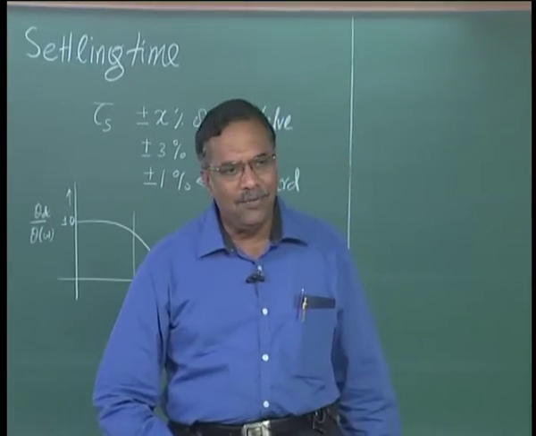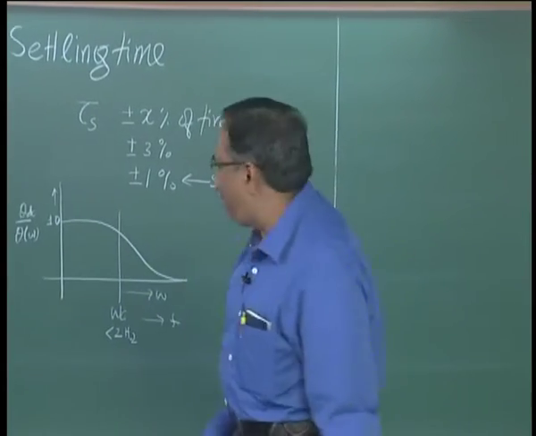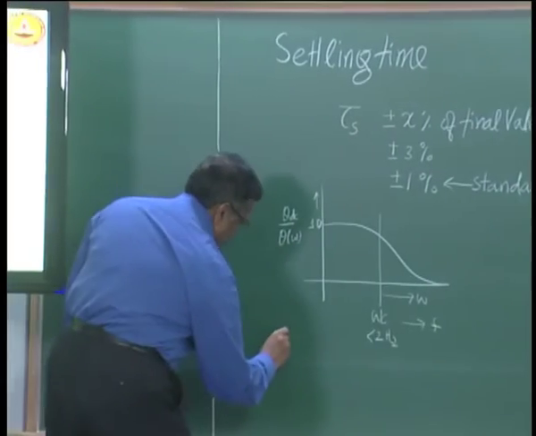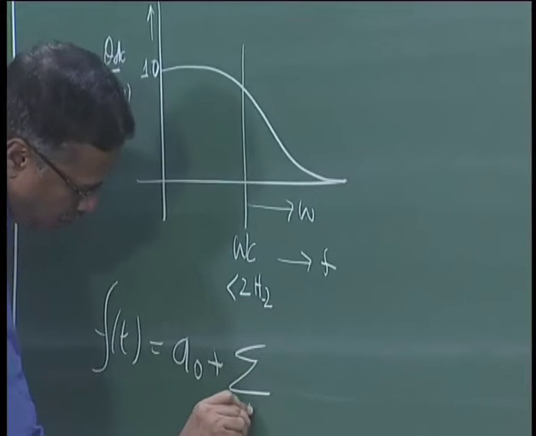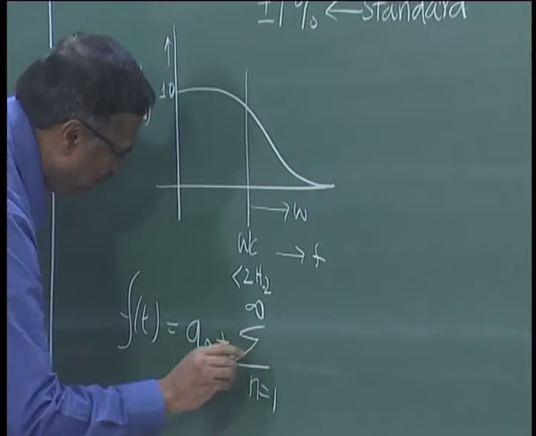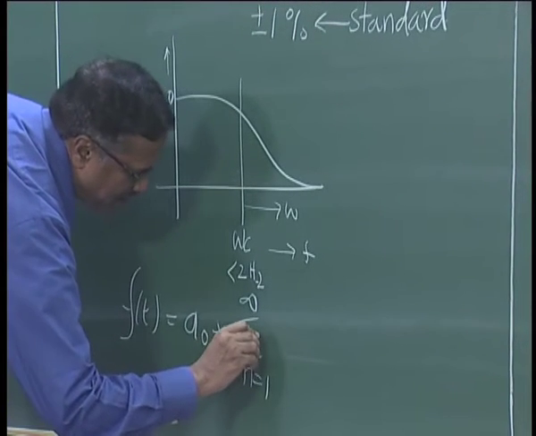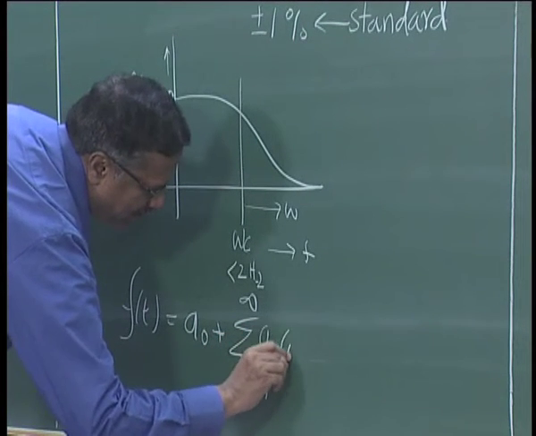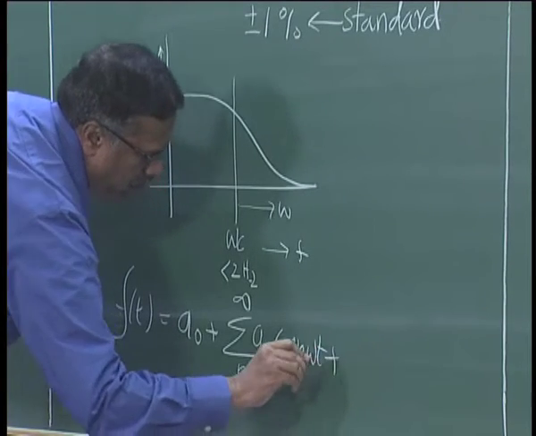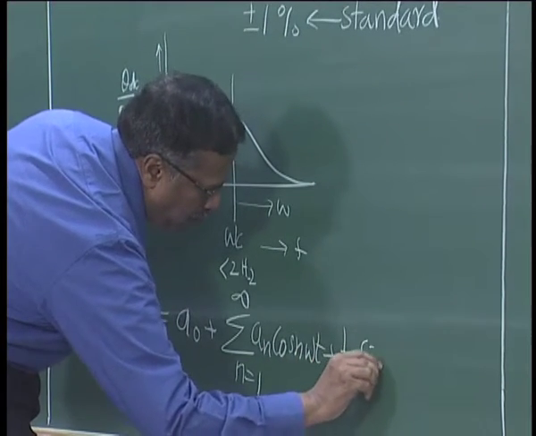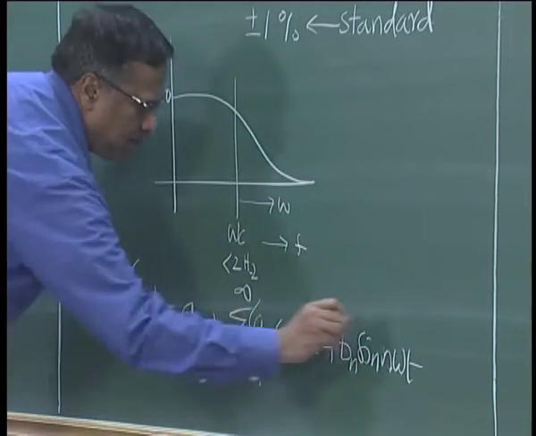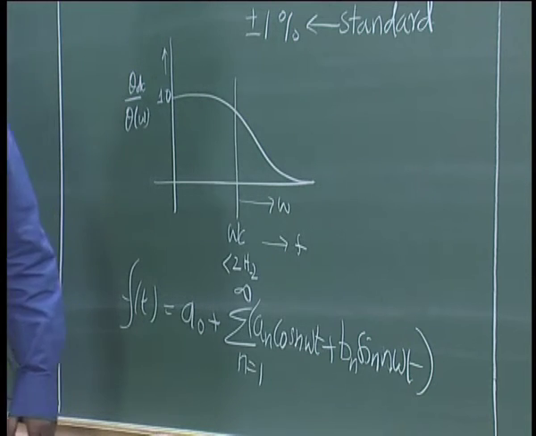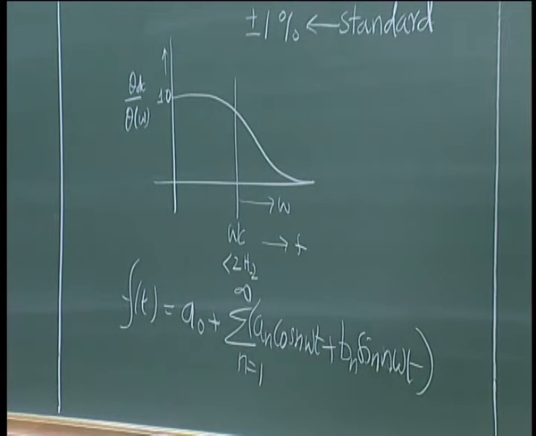right, and we know from Fourier series expansion, if we have a repetitive function f of t, in terms of Fourier series, a naught plus sigma n equal to 1 to infinity a n cos n omega t plus b n sin n omega t, right.